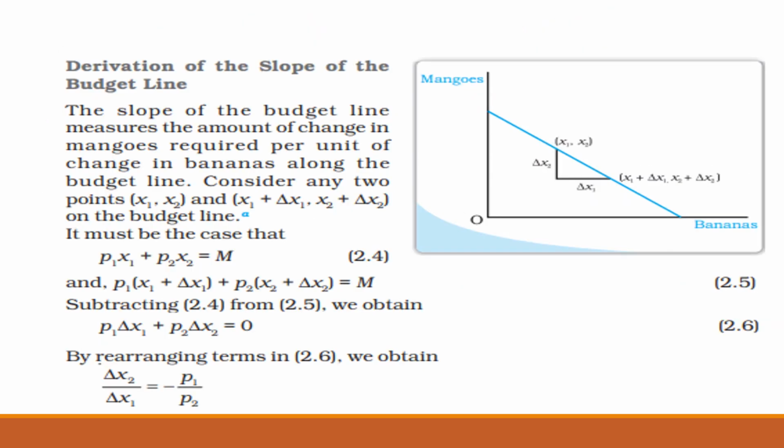So this is what you consider as the derivation of the slope of the budget line. How can we derive the slope of the budget line? And that is what you can see here. So we could see that it shows the rate at which you substitute given the prices of the commodities.